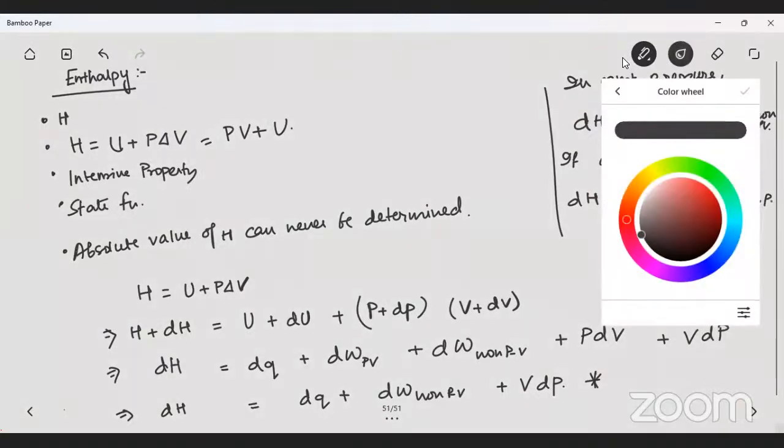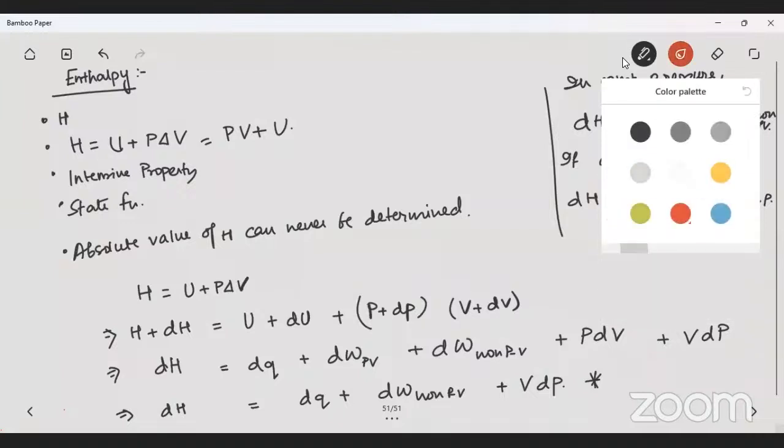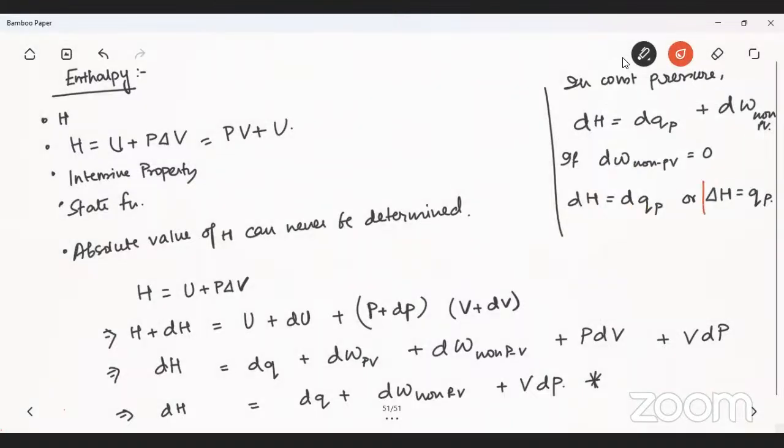This is a very important formula, and I will be using it quite a lot. For your NEET, remember this; the derivation will be for your boards.